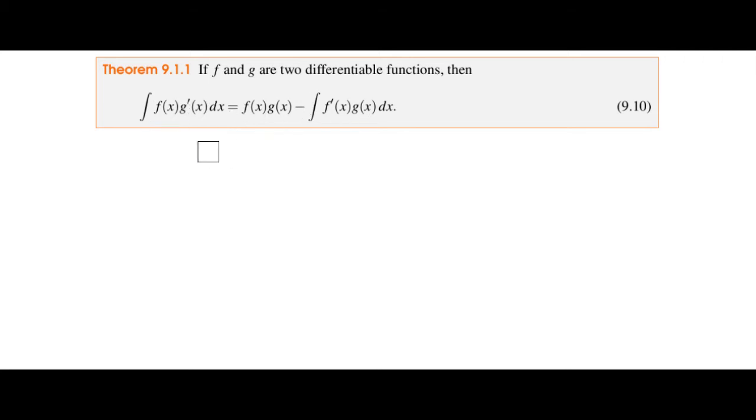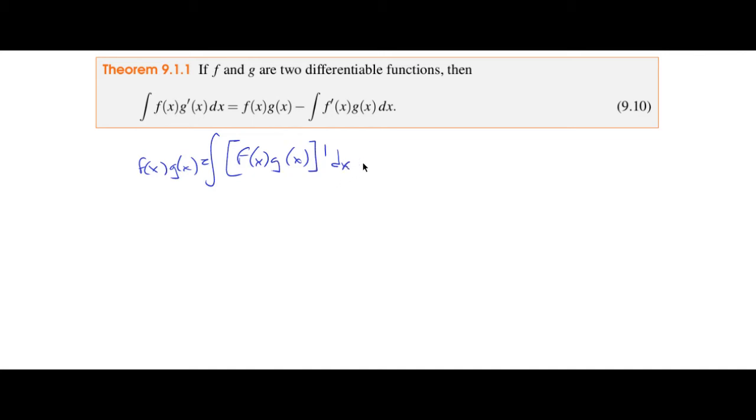And the proof is easy. It just follows from the rule of the derivative. A primitive for f times g is going to be f times g, the primitive of the derivative of this.